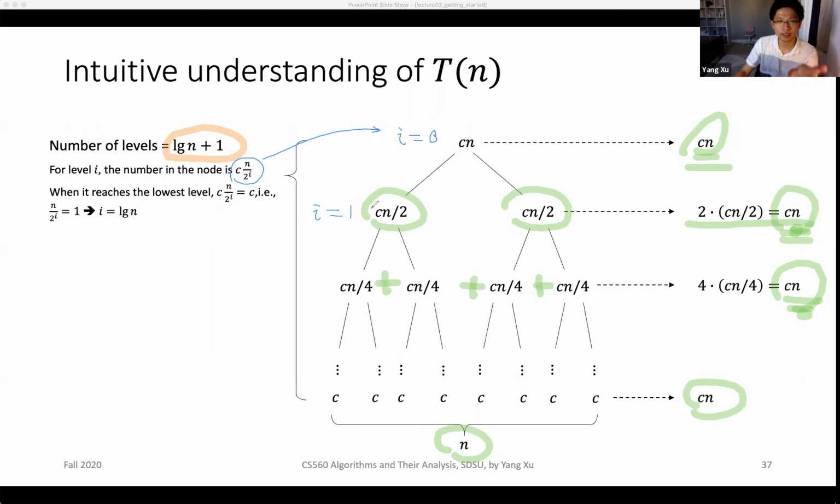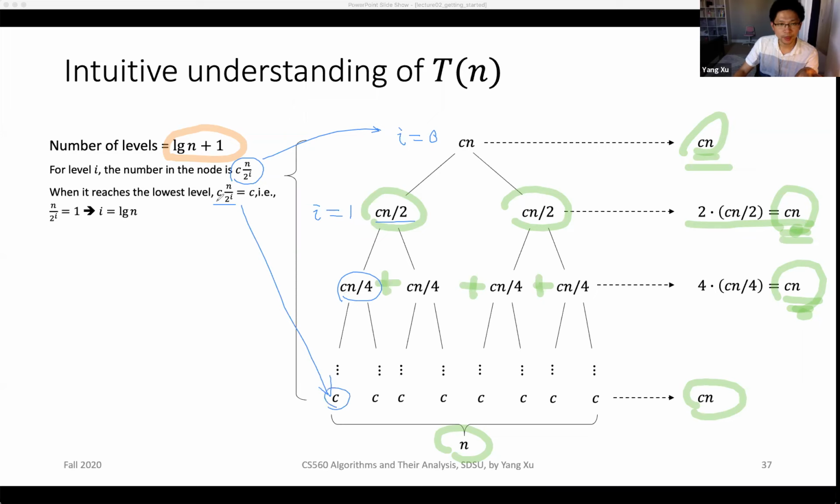That's correct, right? And for this level, i equals 1, then it becomes C times n divided by 2, which is also true, okay? So when it reaches some certain level i, the number in the node must be C times n divided by 2 to the power of i. So when it reaches the lowest level, it is C, right?